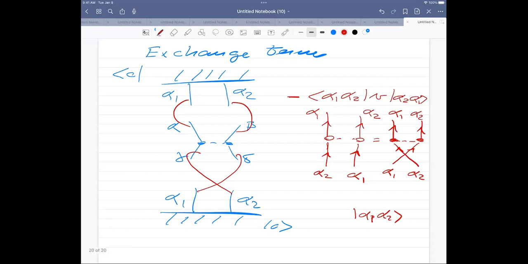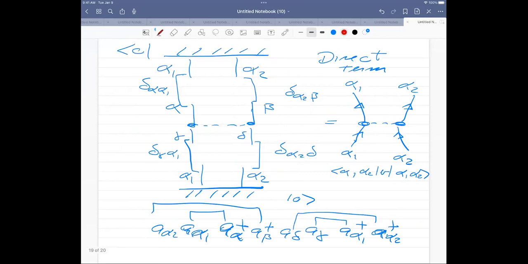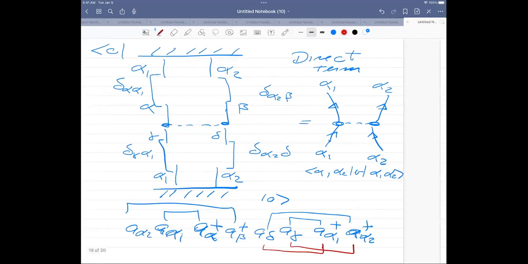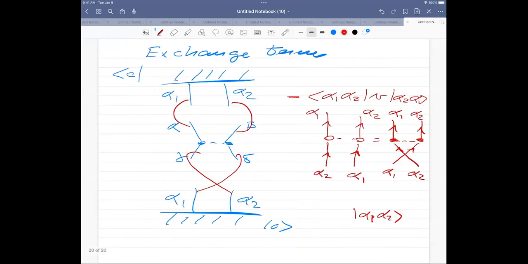So if I go back to my contractions, I now have this contraction here. And when these two cross, that gives rise to a minus sign, because we want to bring the operators close to each other in order to calculate the expectation values. Diagrammatically, that is reflected in crossing fermion lines. And that gives rise to a minus sign.